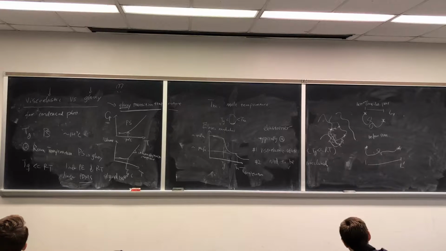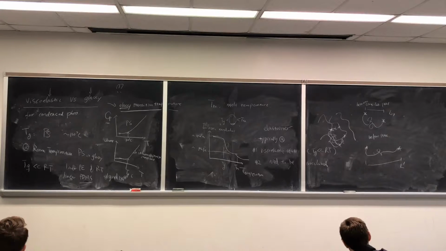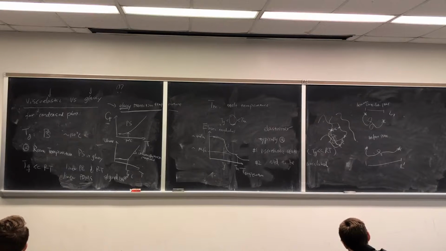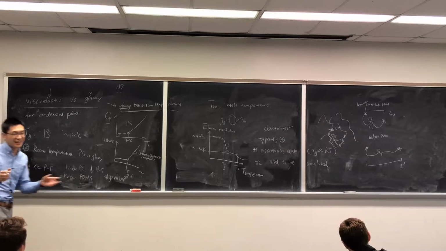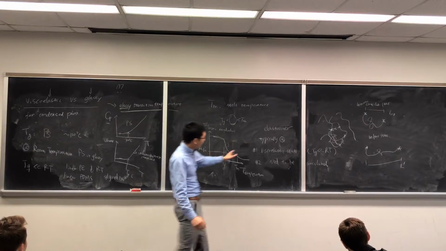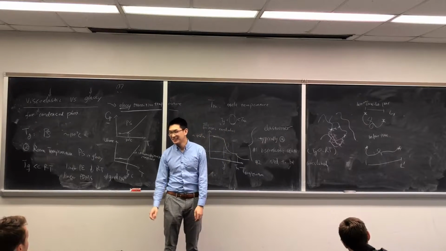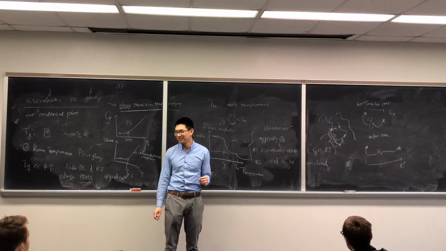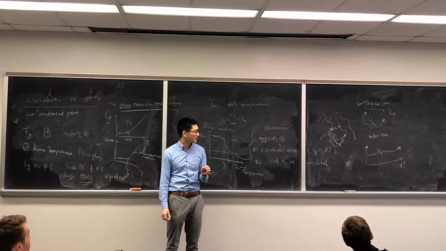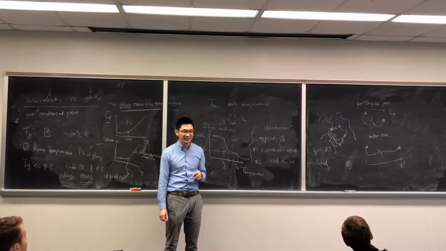The reason is your material doesn't have a way to deform at low temperature. Okay, to summarize, you need these two to make an elastomer: low Tg, much lower than room temperature, and crosslink points. Okay?